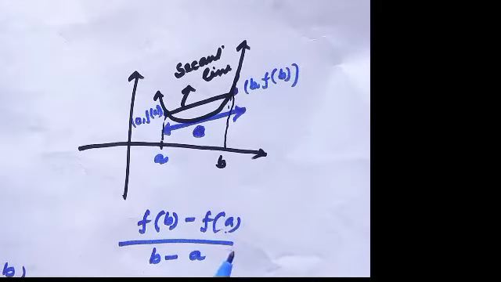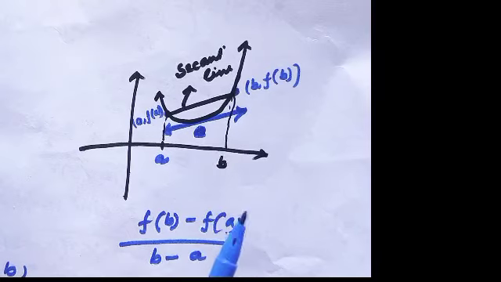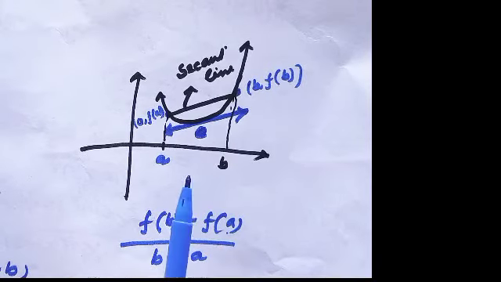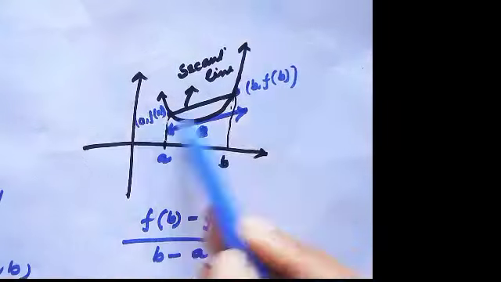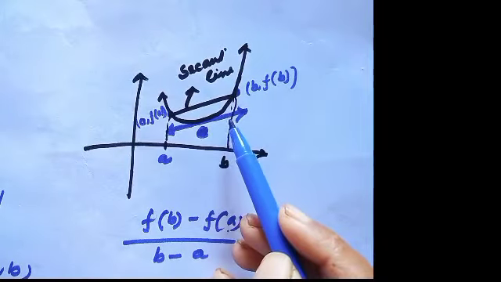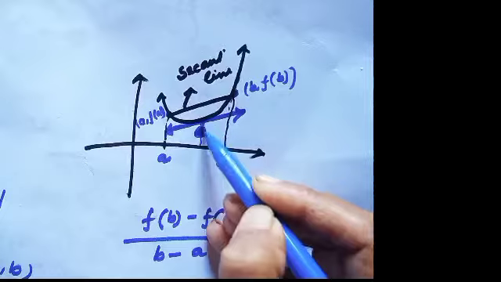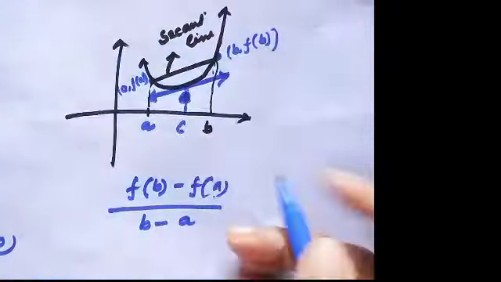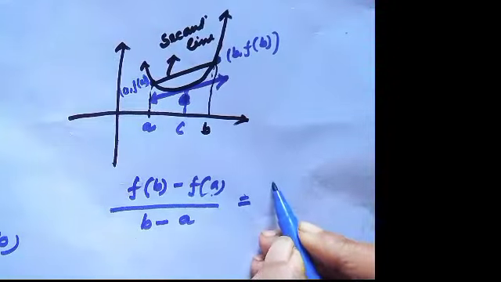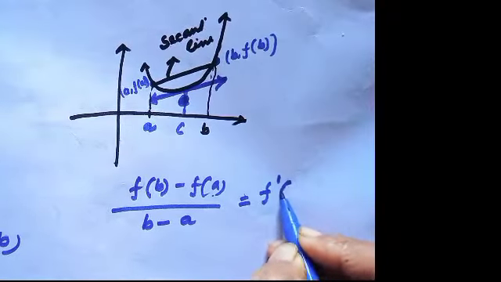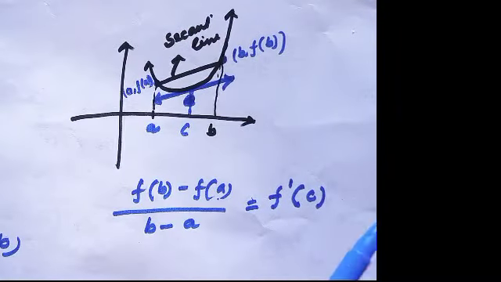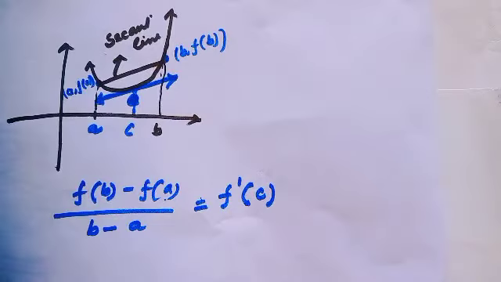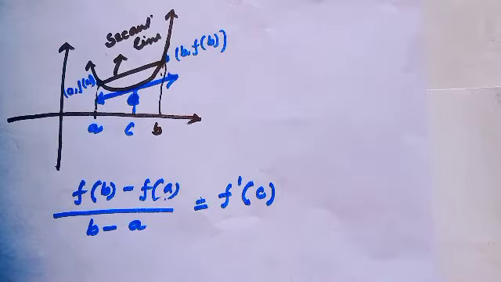This slope is equal, by the mean value theorem, to the first derivative of the function at some point between A and B. Consider this point C. That means this slope equals f prime of c, the first derivative of the function at the point C, because we all know the slope of the tangent line is the definition of the derivative.